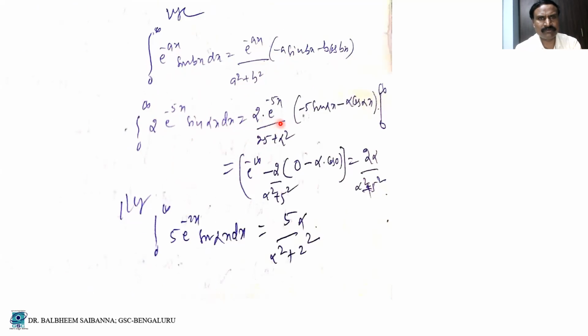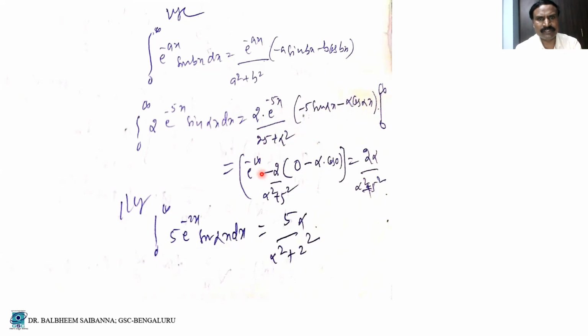Then 2 times e to the power of minus 5x times minus 5 sine alpha x minus alpha cos alpha x, divided by 25 plus alpha square, from 0 to infinity. Substituting the upper limit infinity, e to the power of minus infinity value is 0.